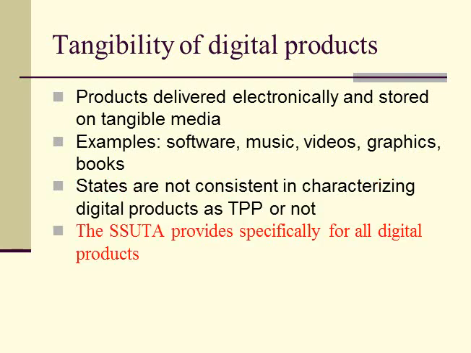The SSUTA provides specifically for all digital products. Therefore, in SSUTA member states, the taxpayer will always know whether a particular digital product is taxable. As discussed later, taxability of a particular product will be disclosed in the state's taxability matrix.